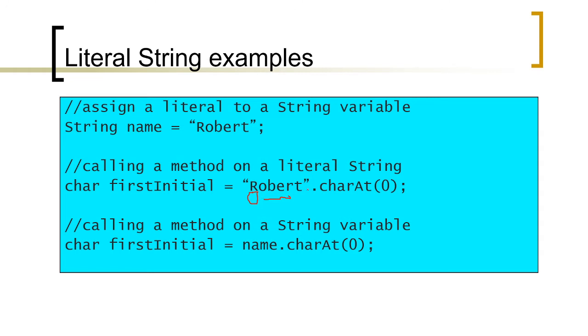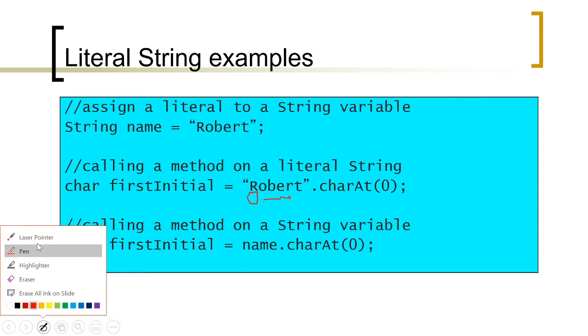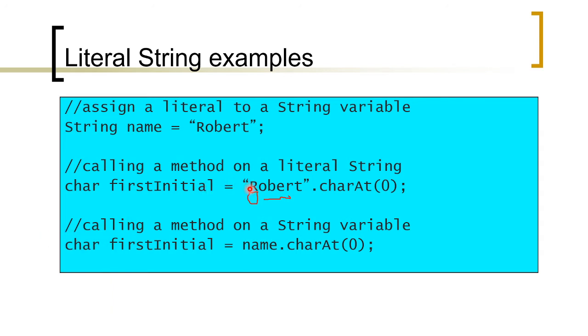If we are asking what is the character at index 0, it will return the character at index 0, which in this case is the capital letter R, or uppercase R. That will be the one stored in firstInitial. This is also the same: you can call the method using the variable, and here using the literal string. So these two are actually the same.